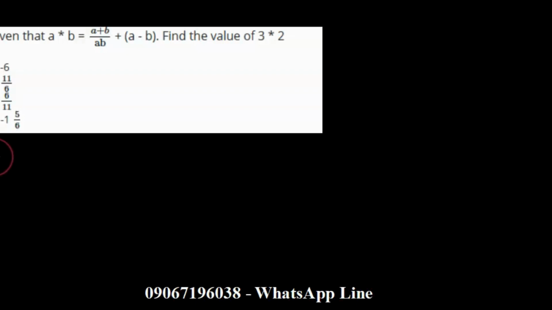So what we need to do from here is first of all to understand the concept. So here we're going to represent that A is equal to 3 and B is equal to 2. Now, let's go ahead and plug these values into this expression.